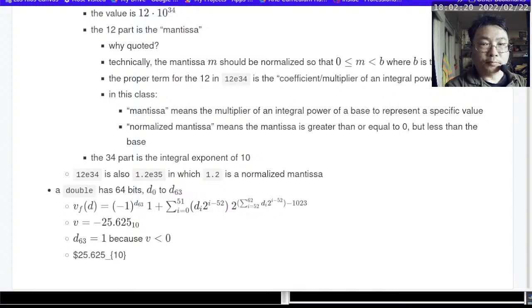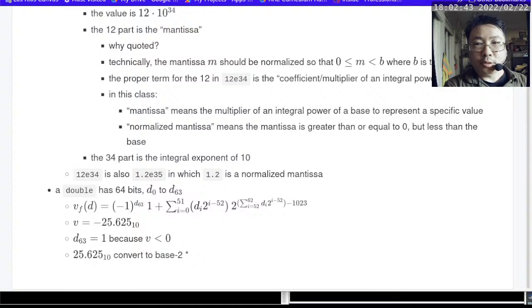And then we ask, how do we represent this value in base 2? All right. So this is, convert to base 2. Okay. Do we know how to do this?